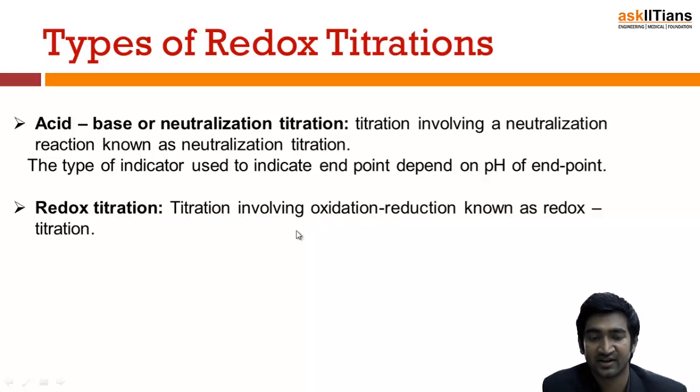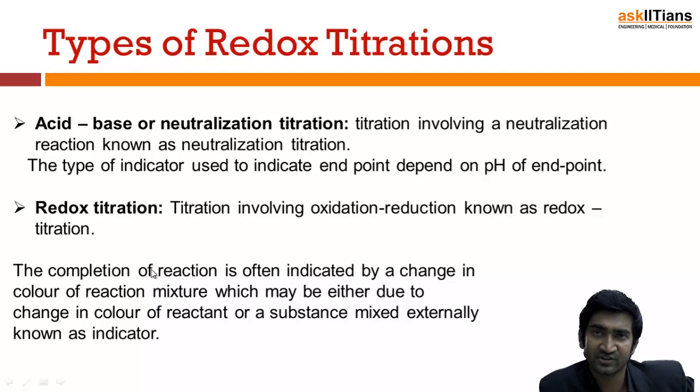The completion of the reaction is often indicated by a change in the color of the reaction mixture, which may be due to a change in reactant color or to a substance externally mixed, known as an indicator. We will study indicators also.